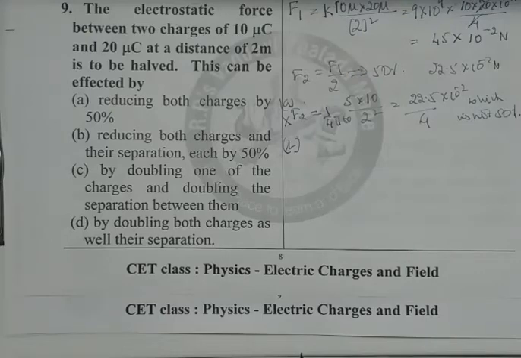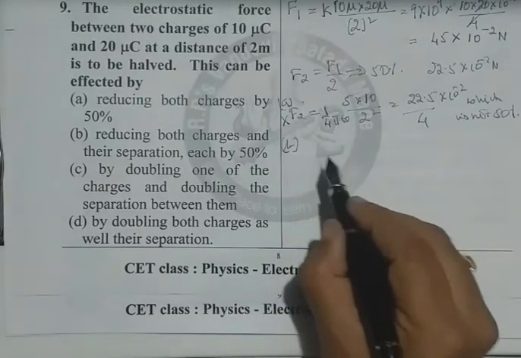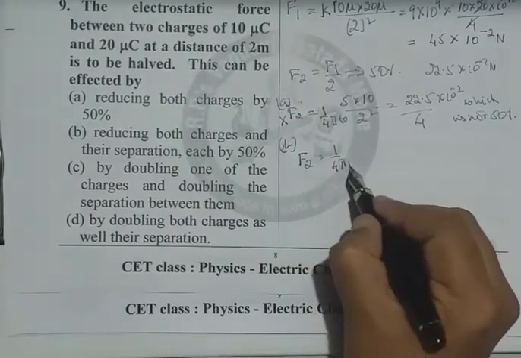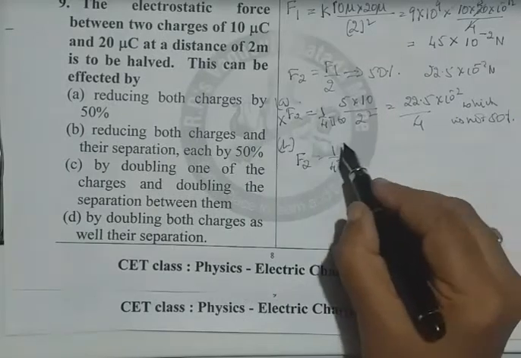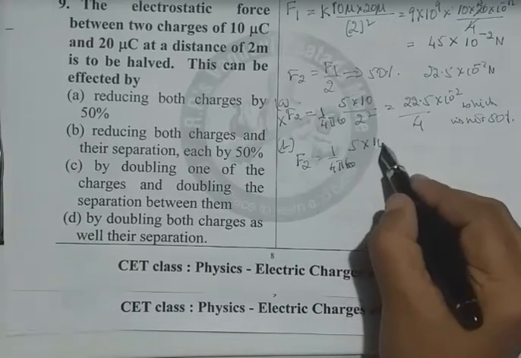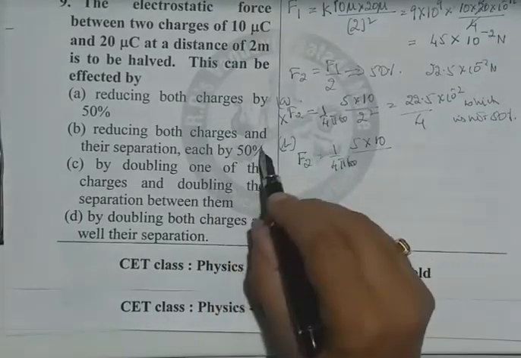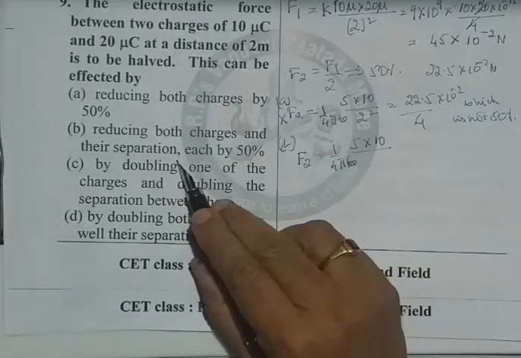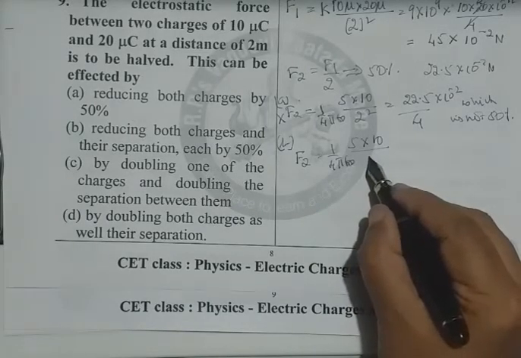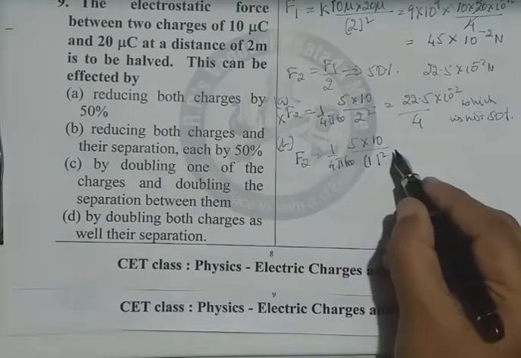Reducing both charges and their separation each by 50%. According to B, 1 by 4 pi epsilon naught, reducing both charges by 50% means again 5 into 10, divided by separation also by 50%. That means 50% of 2 meter is 1 square.